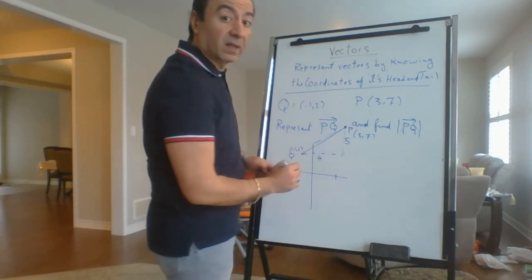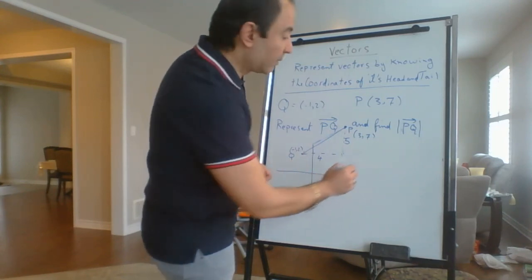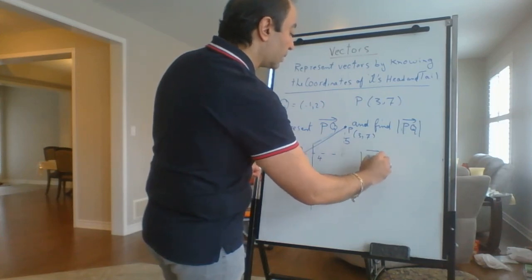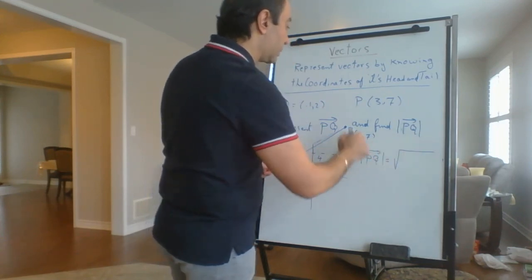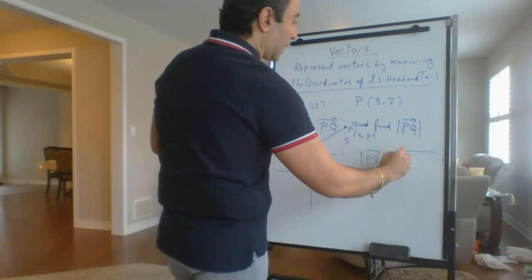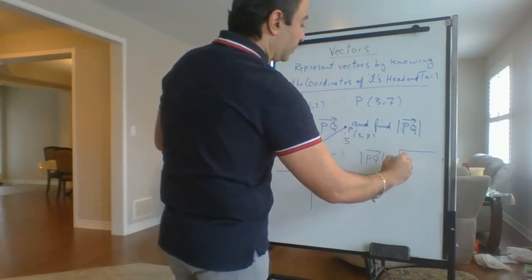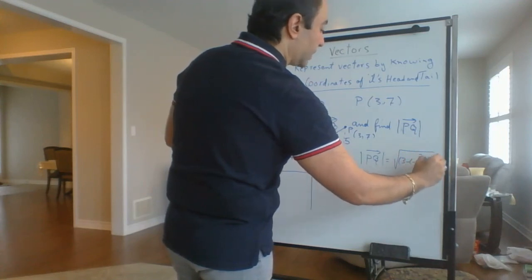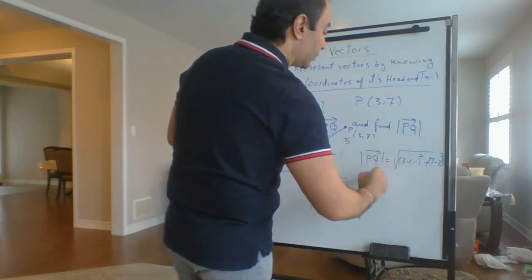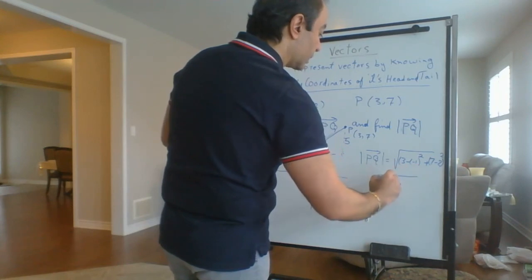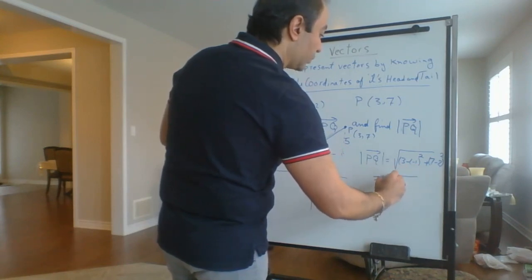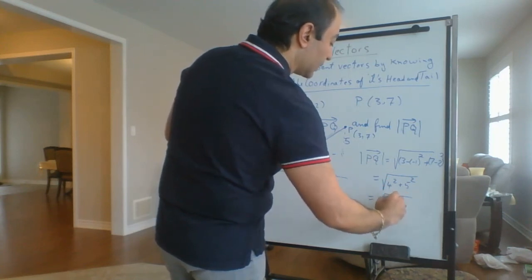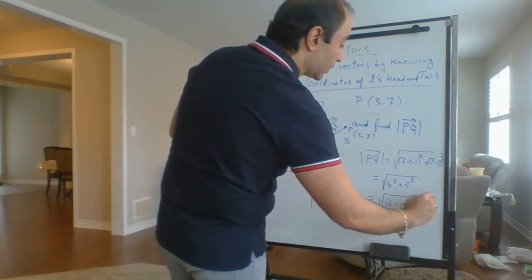So I can use Pythagorean theorem and say that the magnitude of vector PQ will equal square root of (3 minus -1) squared plus (7 minus 2) squared, which is square root of 4 squared plus 5 squared, which is the square root of 16 plus 25. That's the square root of 41.